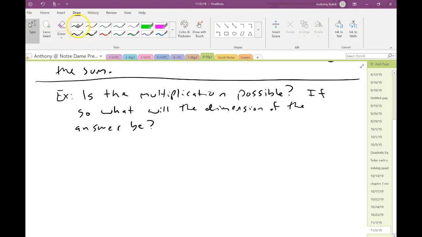We'll just do a couple of examples to get used to figuring out if and when matrix multiplication is possible, and then what our answer is going to look like.